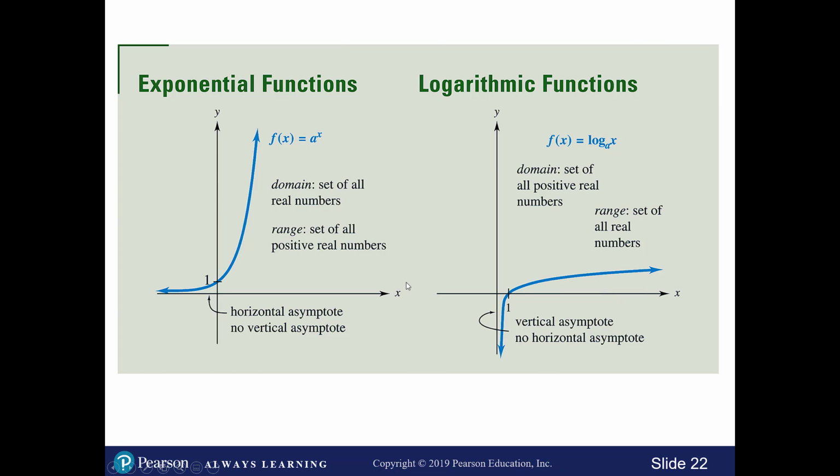For exponential functions, the domain, remember, is your x values. You can plug in any x you want. However, the y, you will never get a negative y. So that's why it says the set of all real numbers. Notice these flip, and that's actually a property of inverse functions: the domain becomes the range, and the range becomes the domain for the logs.